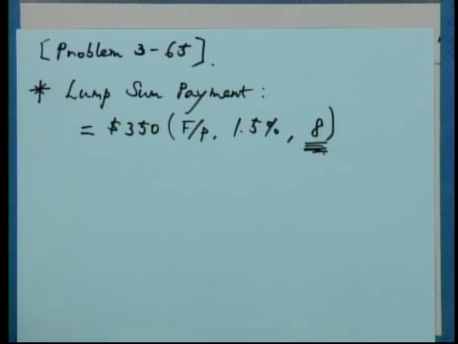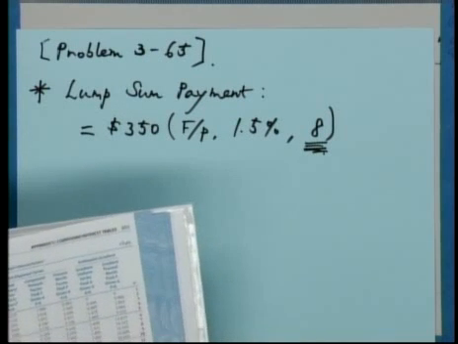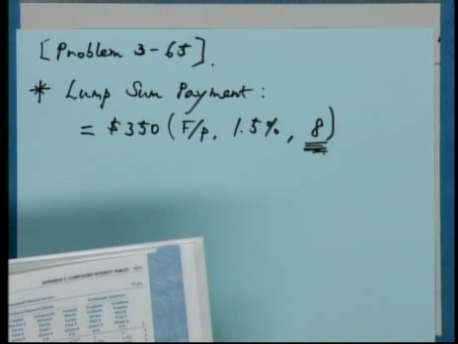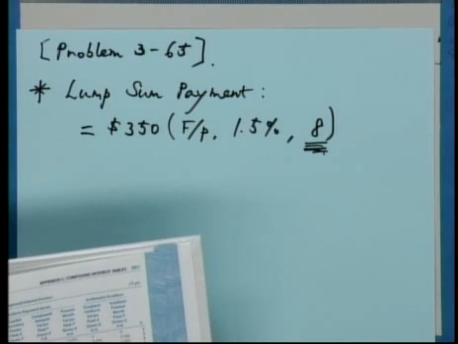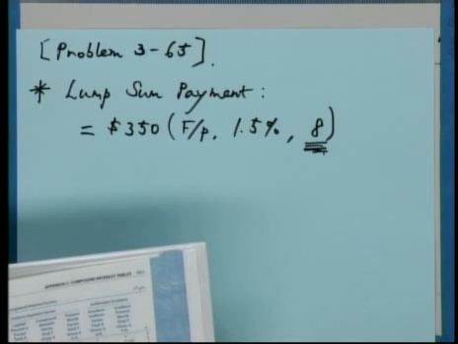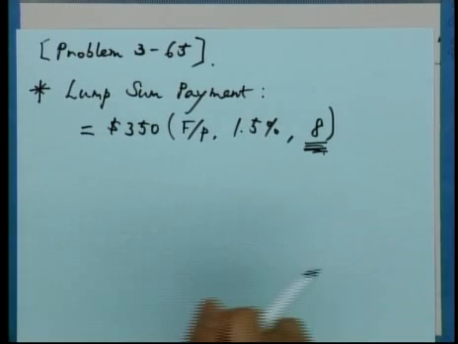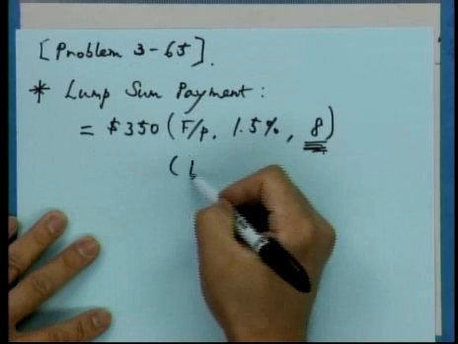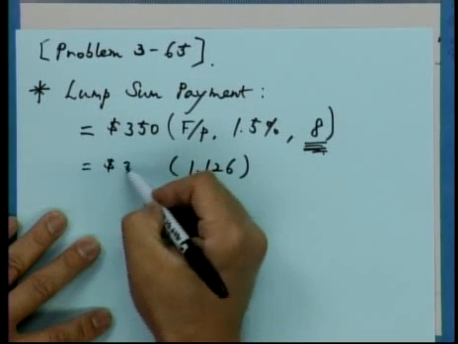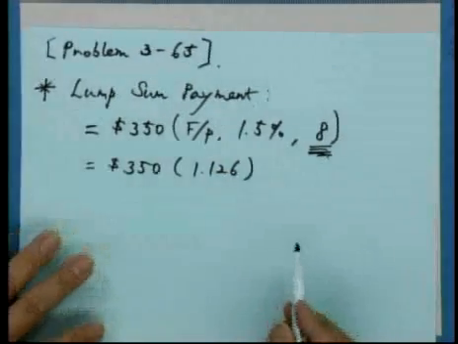So let's look at the table values. The compound amount factor for 1.5% is given in page number 600. And the value is 1.126. 1.126, okay, times 350.